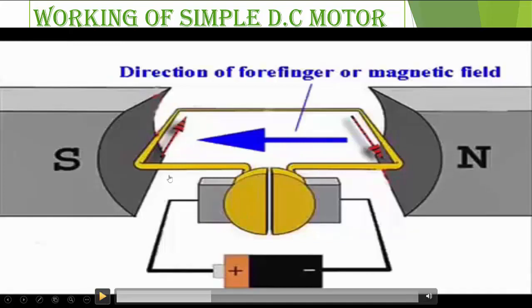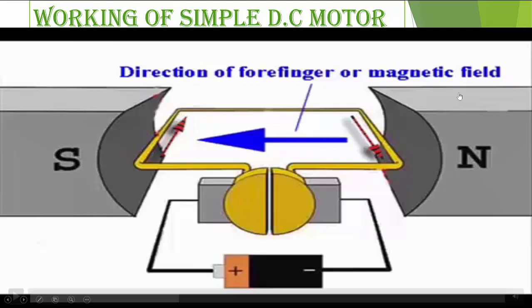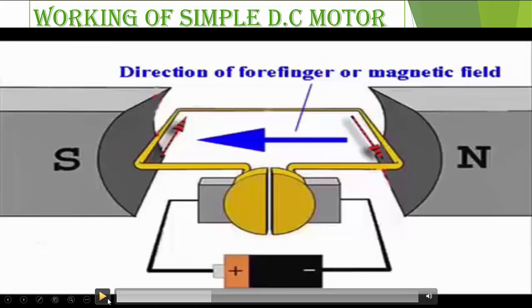Now let's apply Fleming's left hand rule for this side of the conductor, AB of the conductor. What will happen if we put Fleming's left hand rule for the AB side of the conductor? Open your left hand in that manner so that the thumb, forefinger and middle finger are perpendicular to each other, as shown in the previous diagram. Then apply Fleming's rule.